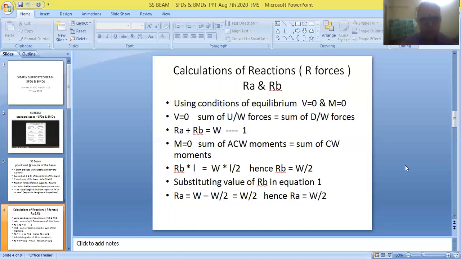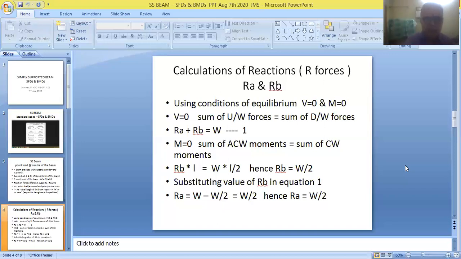I have told you about the conditions of equilibrium. We have three conditions: sigma H equals 0, sigma V equals 0, sigma M equals 0. But in this case, we need only two conditions, namely sigma V and sigma M.